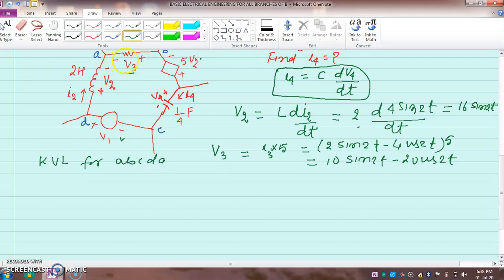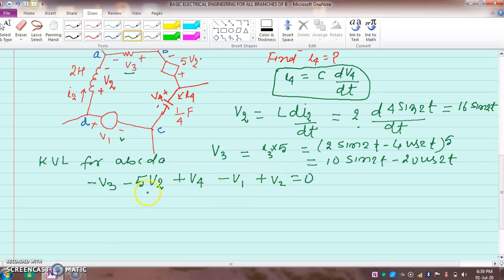I told you to take voltage rise as negative, so write minus V3. Here again voltage rise, so write negative 5 V2. Then here voltage drop, so write it positive. Again voltage rise, so write negative. Again voltage drop, so write V2, and equate it to 0.